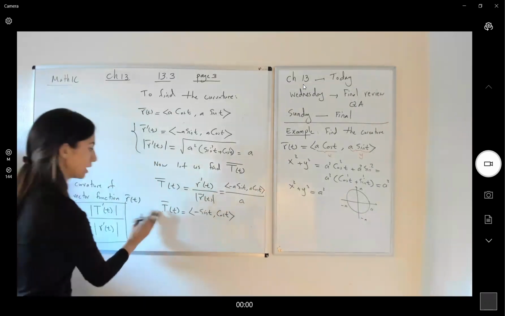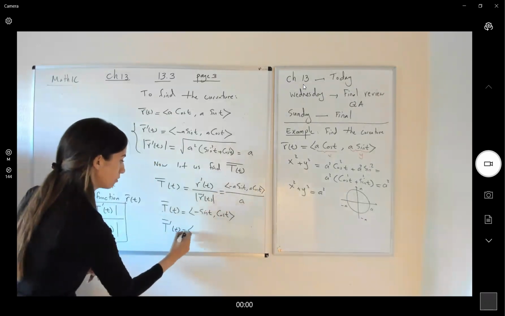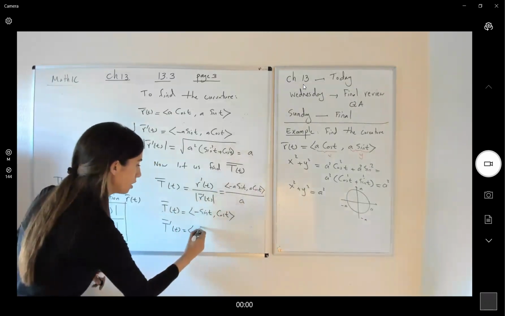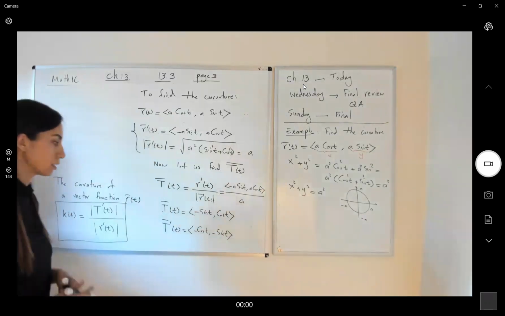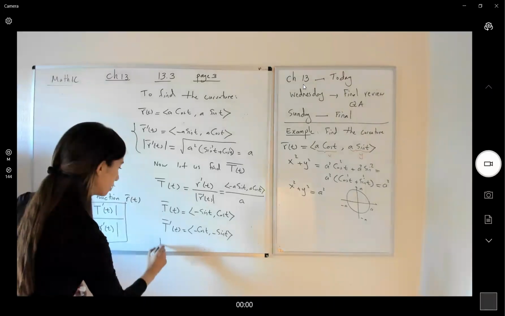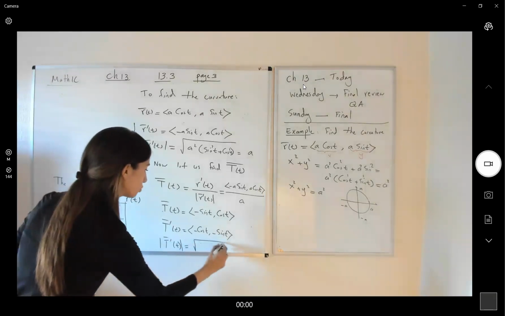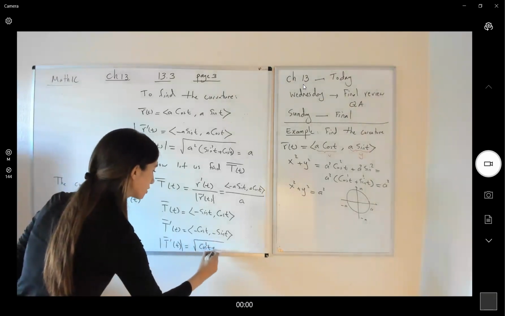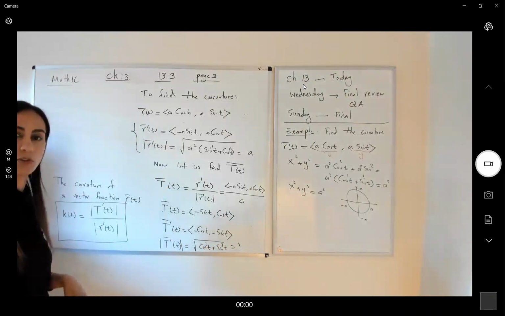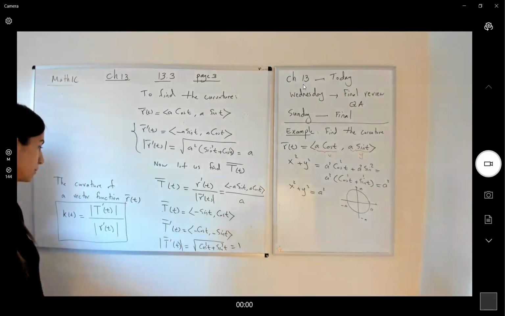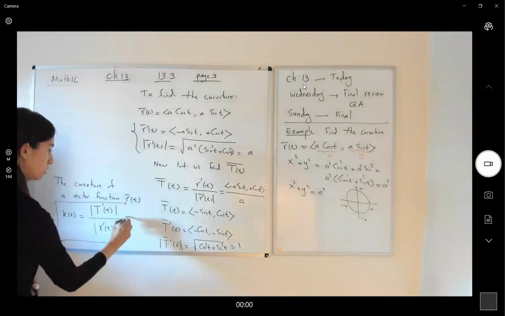Now I'm going to take the derivative, which is equal to negative cosine t, negative sine t, and then I'm going to find the magnitude. The magnitude is equal to the square root of cosine squared plus sine squared, which we all know is equal to the square root of 1, or 1. So on your numerator, you have 1.